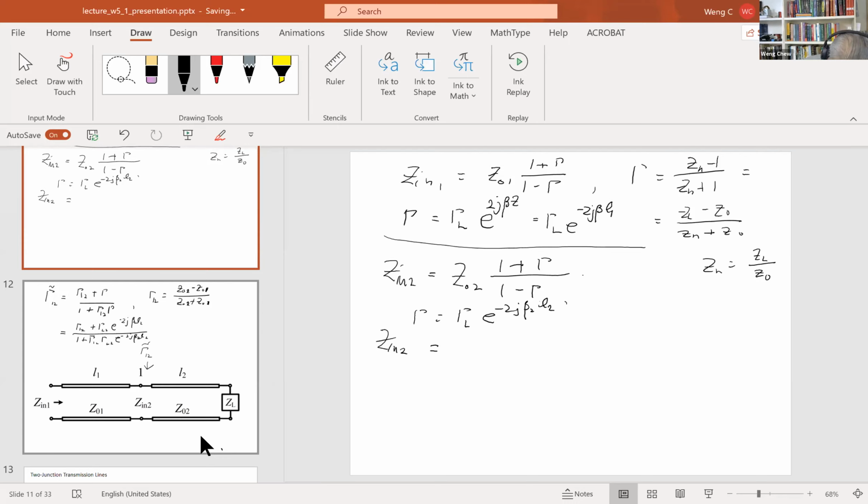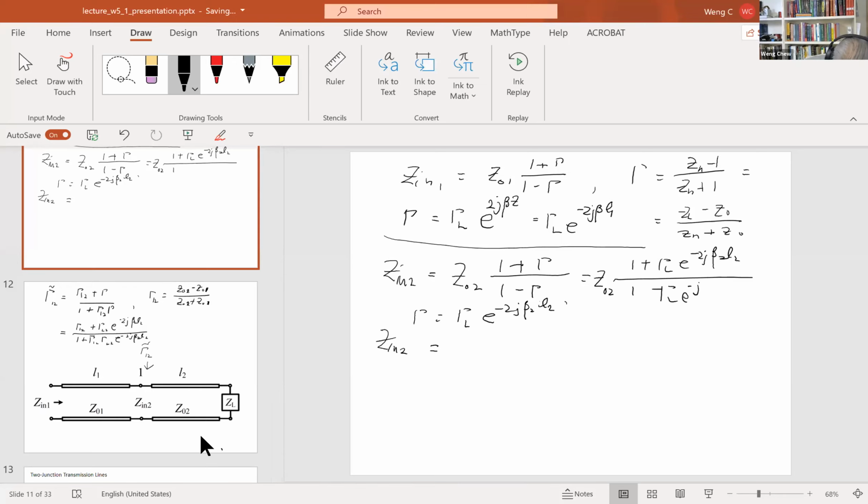Z in 2 would be equal to, let me write it out in full here first, Z02 times 1 plus gamma L e to the minus 2j beta 2 L2 over 1 minus gamma L e to the minus 2j beta 2 L2.